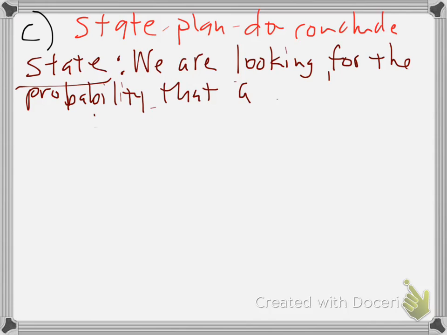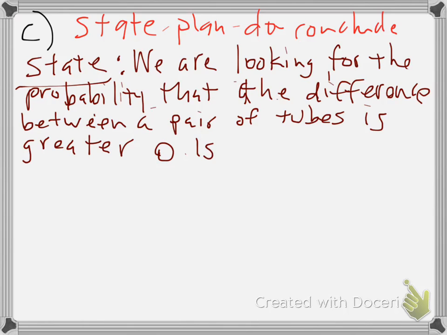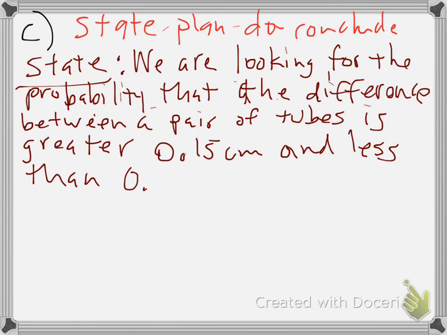We're looking for the probability that the difference between a pair of tubes is greater than 0.15 centimeters and less than 0.6 centimeters. So it needs to be in that Goldilocks zone. So that's the state part of the problem.